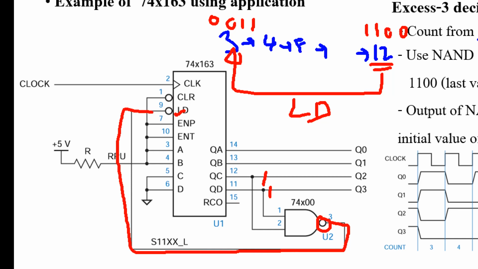So when it counts to 1 1 0 0, this signal is active, and it becomes load mode or load function. For load, we read data from D, C, B, A, right? And now I want the next state to be 0 0 1 1. So I connect 0 0 to ground, and 1 1 connect to 5 volts. That's all.